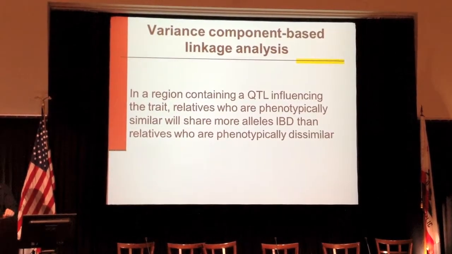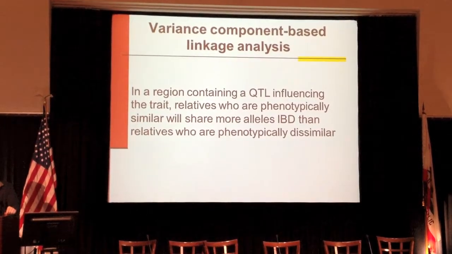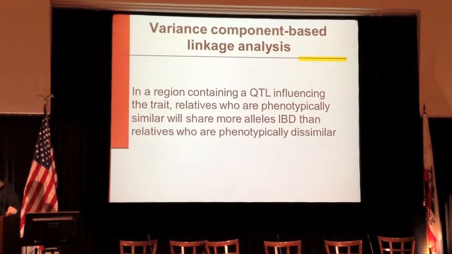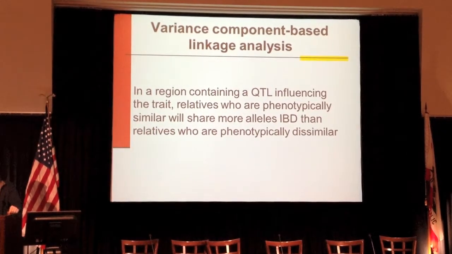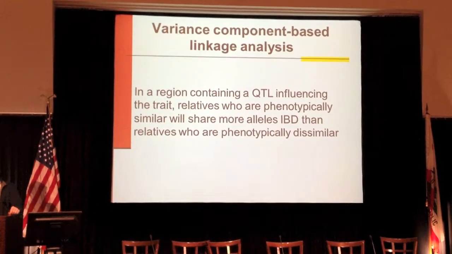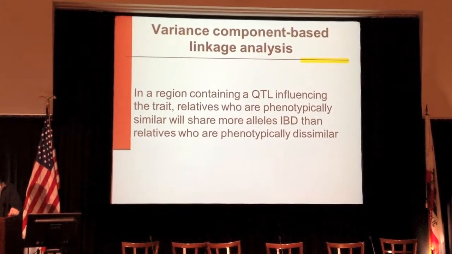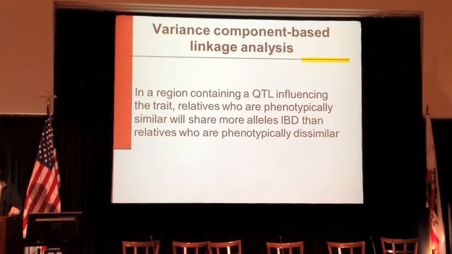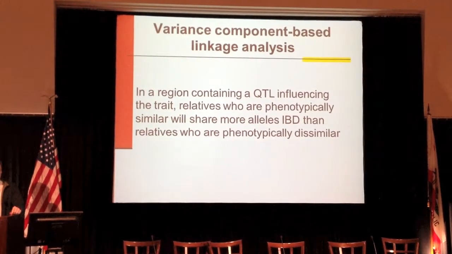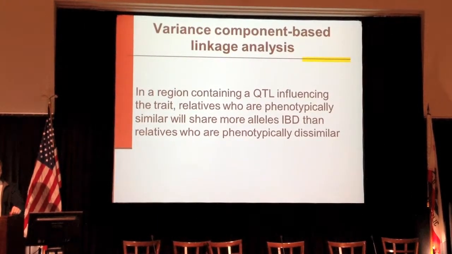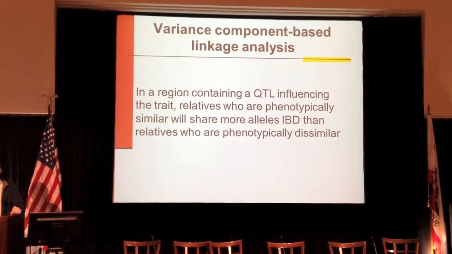And we can apply the same variance component-based linkage analysis to the same situation. In a region containing a QTL influencing the trait, relatives who are phenotypically similar will share more alleles that are identical by descent than relatives who are phenotypically dissimilar.